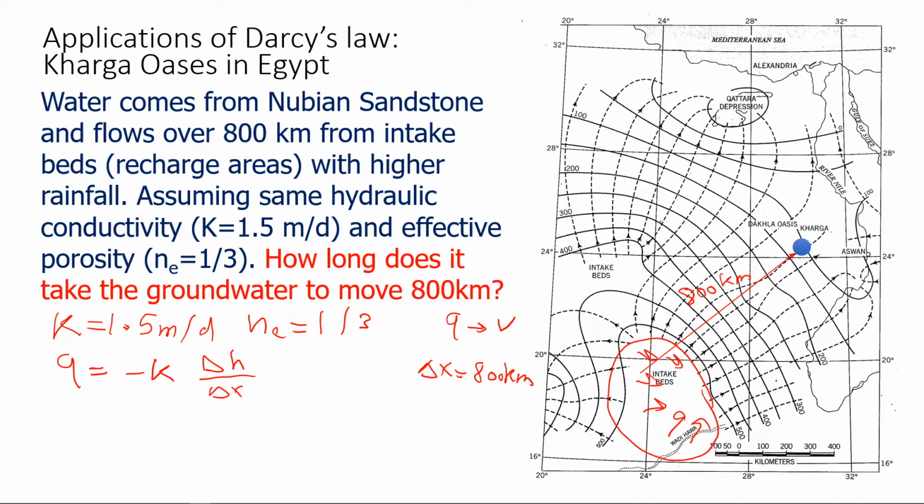Delta H, the difference in head, you can calculate. I'm giving you the contour of the head. So if you look at this contour, let's see how you can calculate delta H. We take the intake, where the head is about 500, and at the Kharga oasis the head would be around 100.